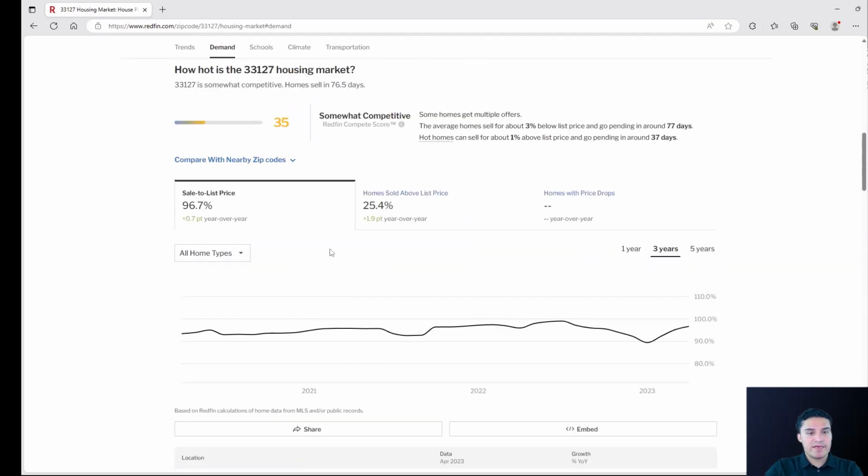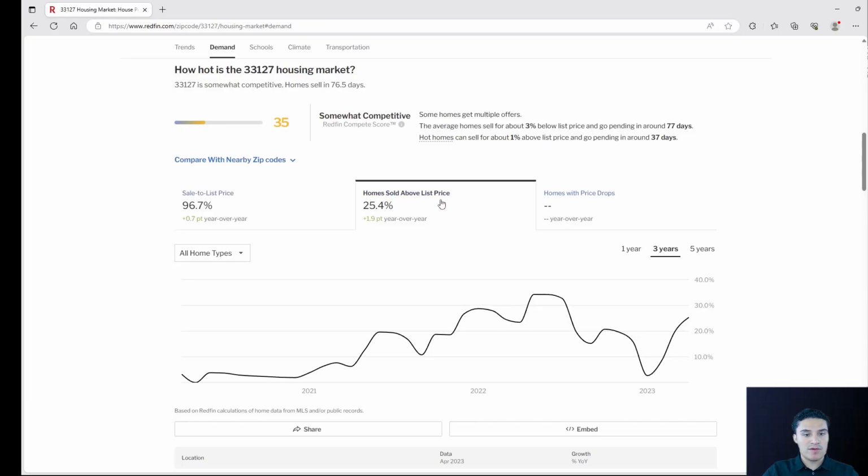And as you can see, this is a really good tool for you to understand that market specifically. Look at this here, homes sold above the listing price, over 25%. So that happened, of course, over here. It went down when the interest rates started to increase, but as you can see, they're going up.